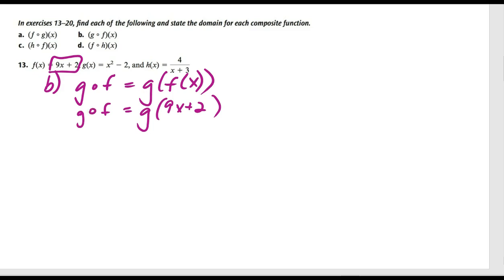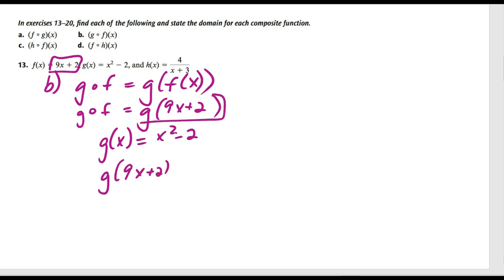Now, I'm going to write the g of x function, which is x squared minus 2. And now I'm going to write g at 9x plus 2, because that's what we want to find out for this composition of functions. So I'm going to write the g function, but everywhere there was an x, I'm going to replace it with 9x plus 2.